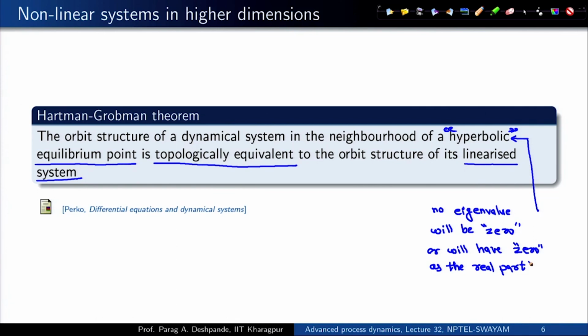Well, you will determine the equilibrium point, you will determine the eigenvalues, and if with the help of the eigenvalues, none of the eigenvalues are 0 or 0 as the real part, then you will declare those equilibrium points as hyperbolic, and if the system has hyperbolic equilibrium points, then you can assure yourself that you in fact have a system where linearization would work.